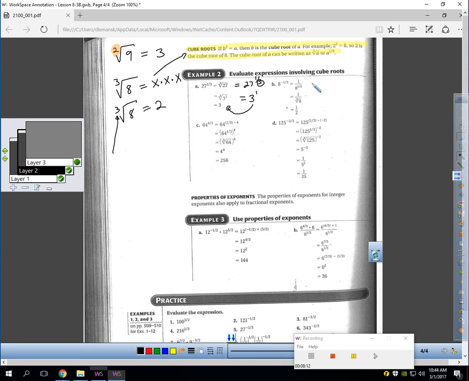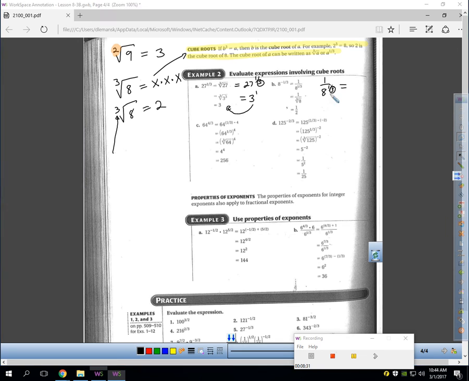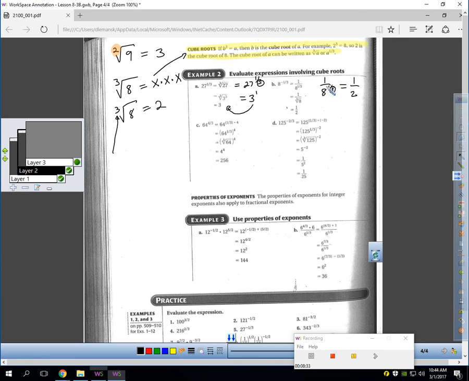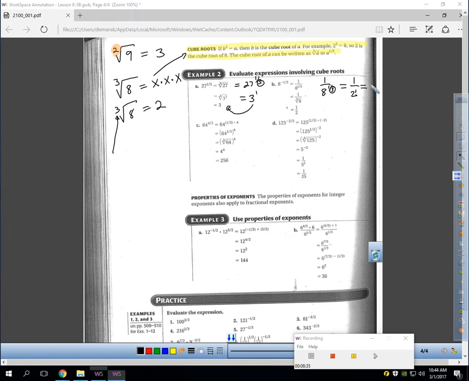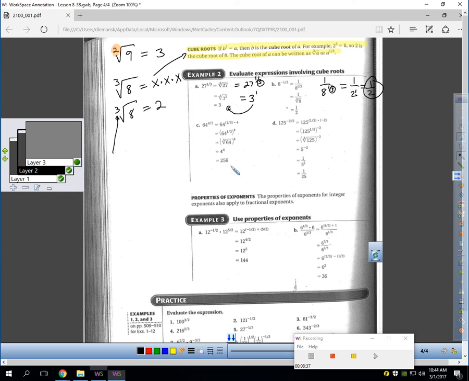Or here, 8 to the negative 1/3 power means move 8 to the denominator and 1/3 power it there. The cube root of 8, what number times itself times itself times itself gives you 8? Well, 2 times 2 times 2 is 8, so the cube root of 8 is 2, and now I have to first power the 2. I get a half out of that.